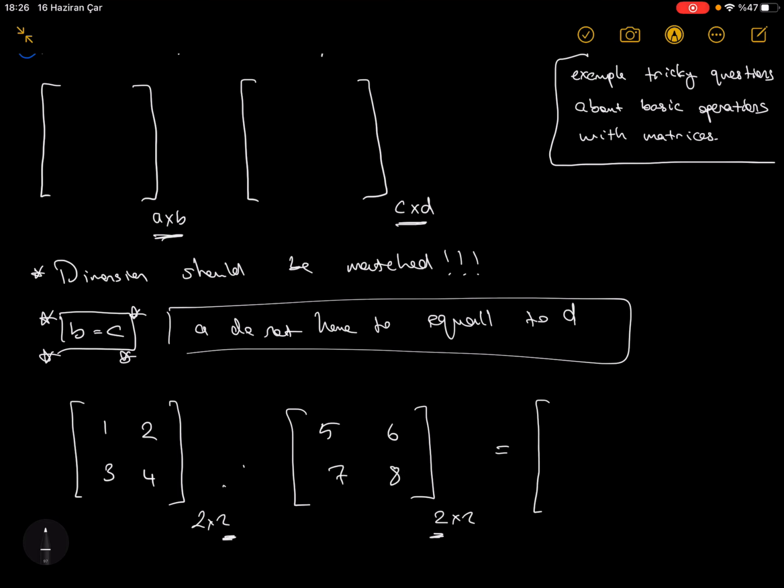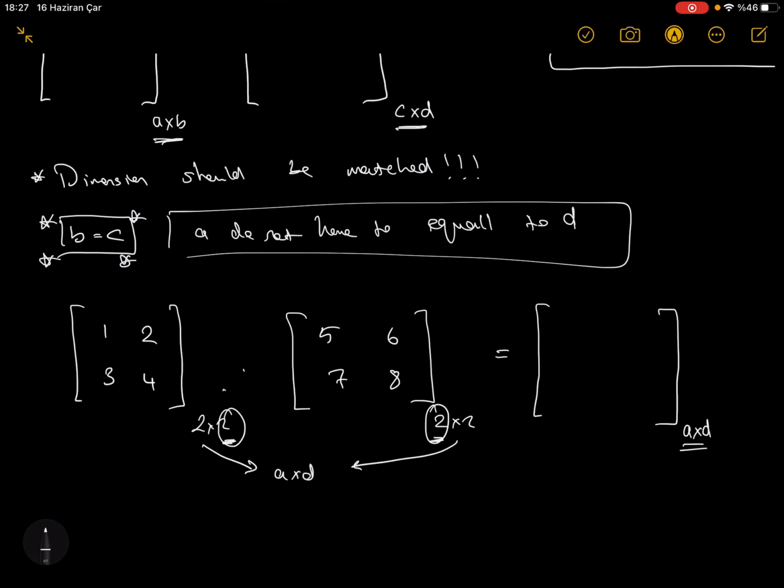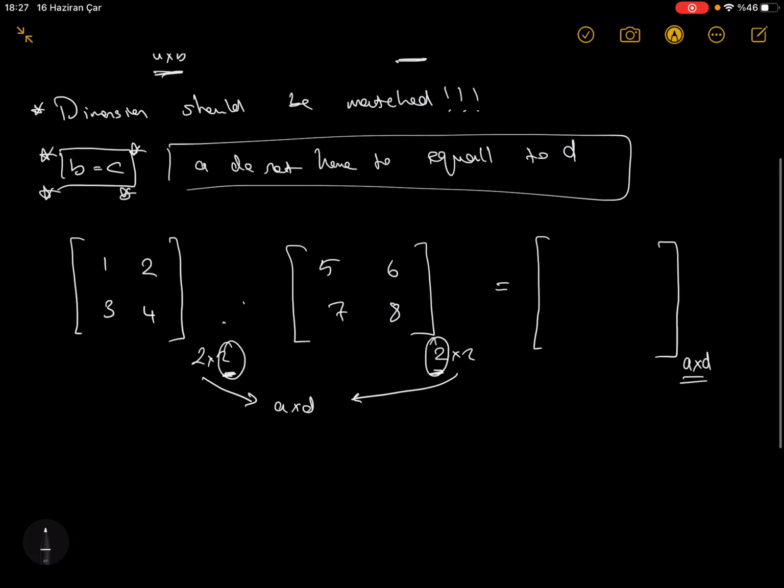Okay, the rule is that after you see that B and C are matching, ignore them and take A and D for the resulting matrix dimension. I'll come to the reason. Do not worry about that, but remember this.